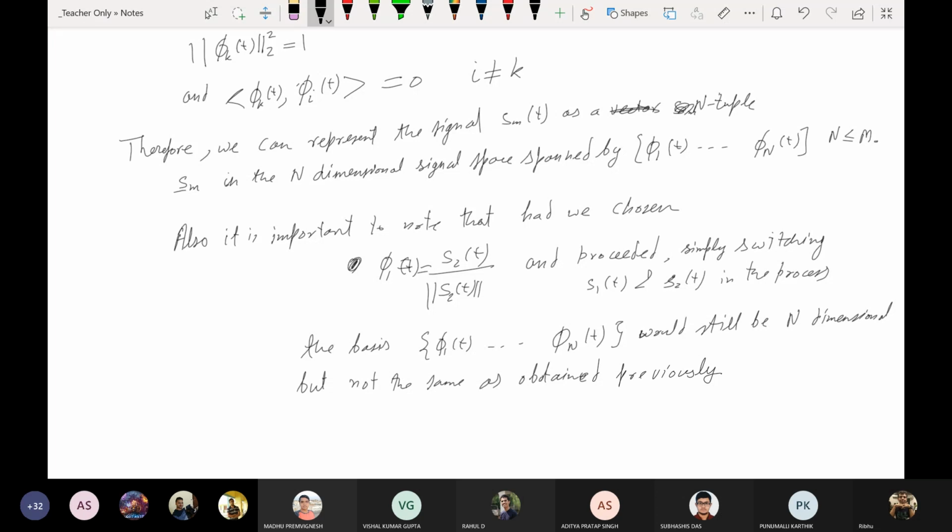Right. Yes, sir. Smita asks, what does the subscript 2 represent? Where, Smita? In the norm of phi_k squared expression equal to 1. Oh, the lower two.